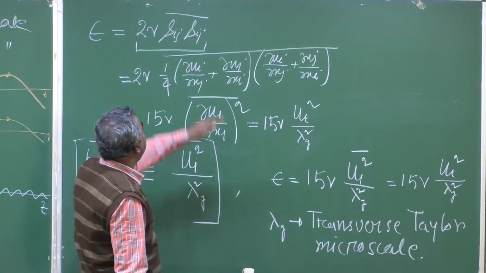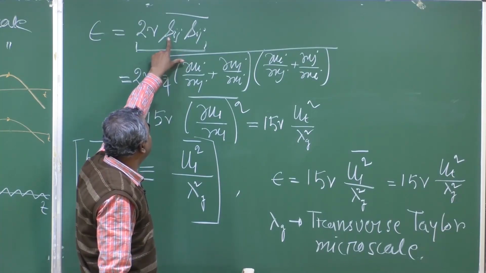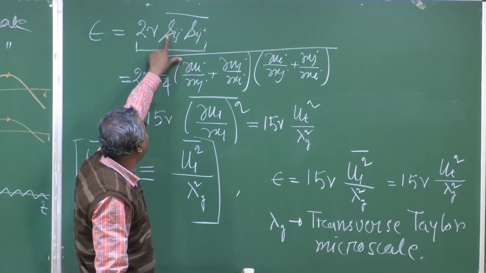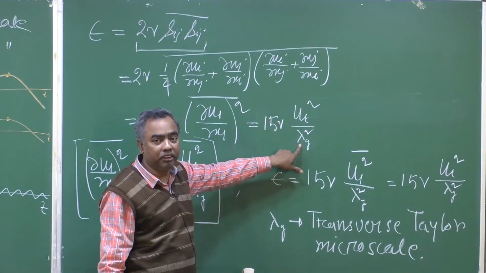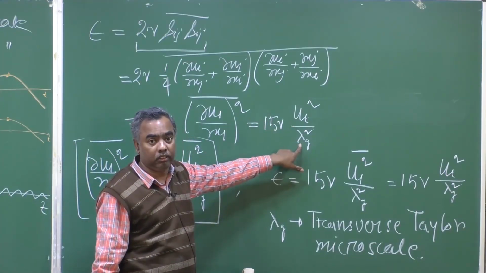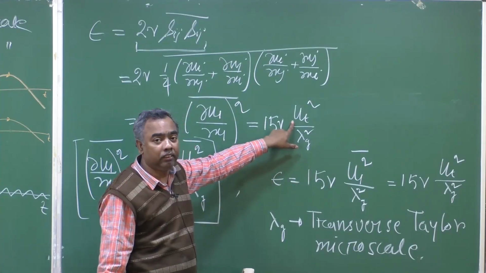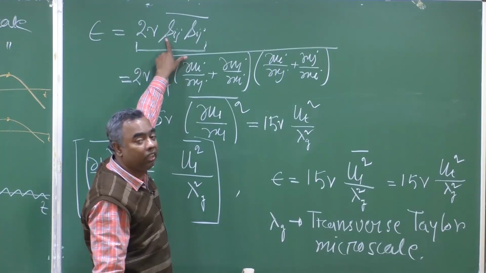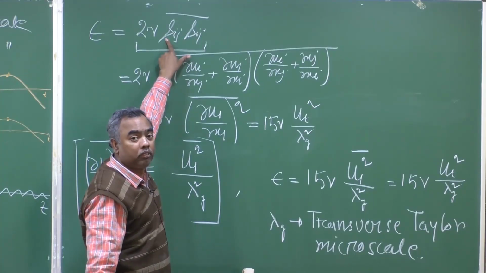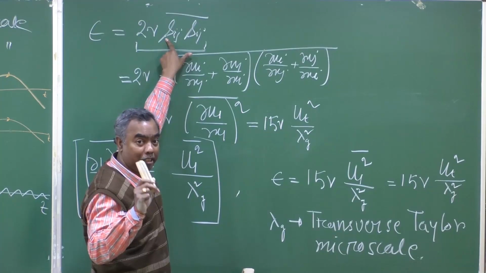Then someone may think that the velocity and the length scale associated with this small fluctuating strain rate tensor are ut and lambda g, but this is not the case. These are not the velocity scale and length scale associated with the dissipation of turbulence. So, these are not dissipative turbulence scales, keep it in mind.